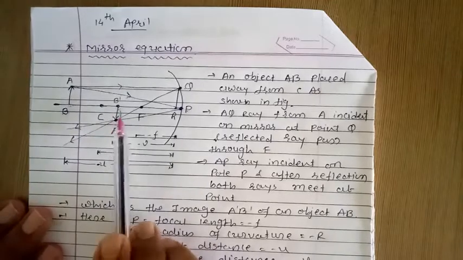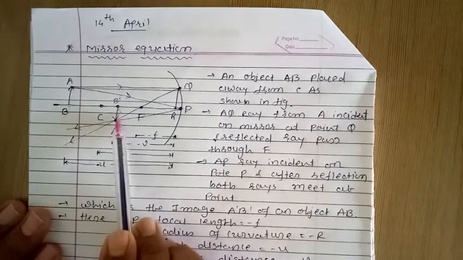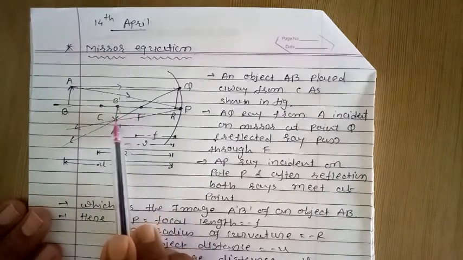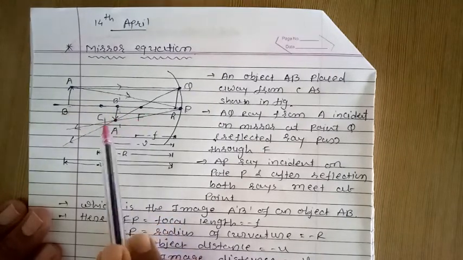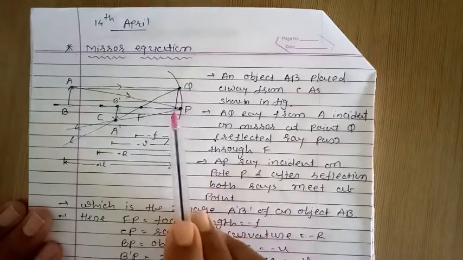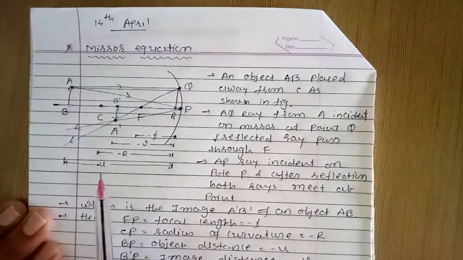See, here triangle A dash B dash F and triangle QRF are similar.